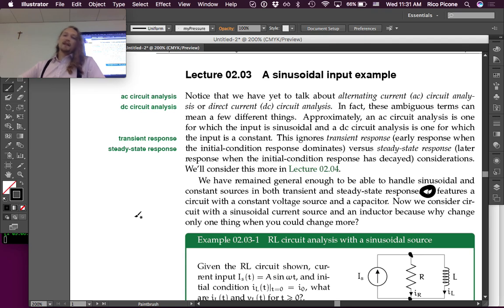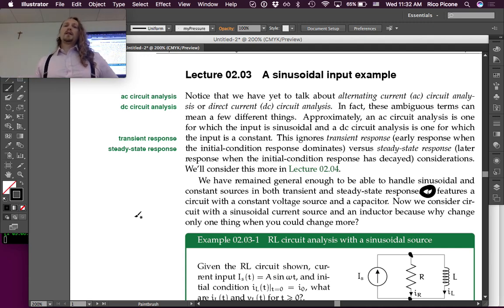The last example, which is in my notes at least showing up as a question mark, I hope it came through on yours, the previous example that we just finished features a circuit with a constant voltage source and a capacitor. We didn't consider it in just steady state though. We considered the transient response, the total response, which includes transient and steady state.